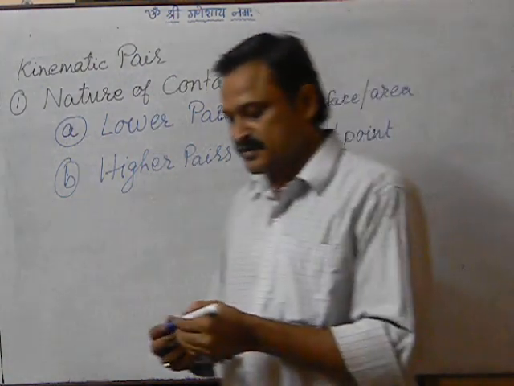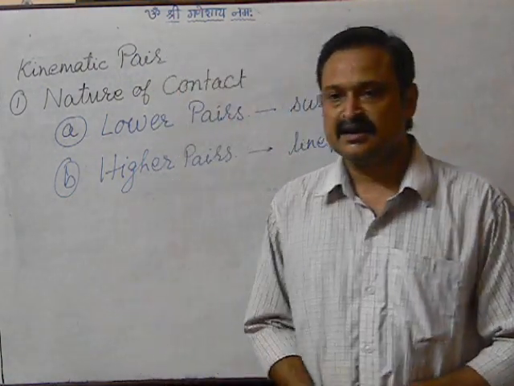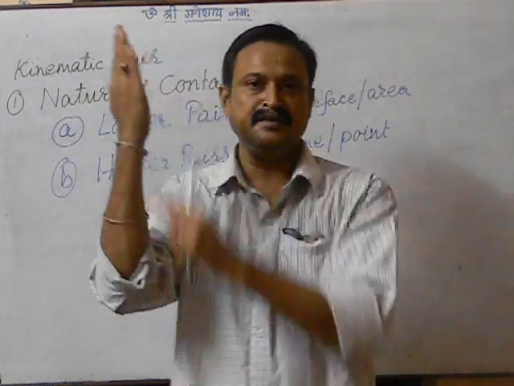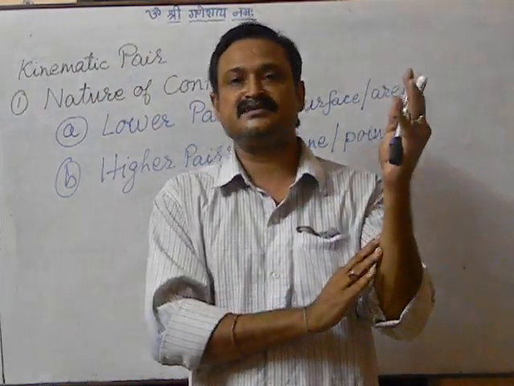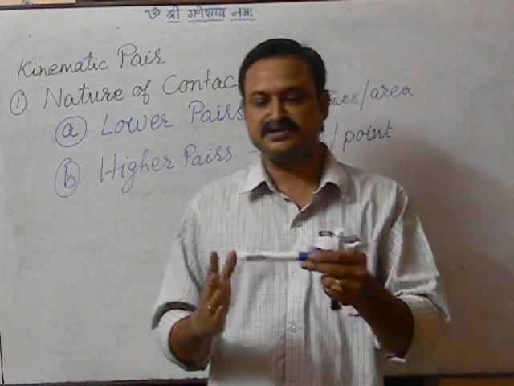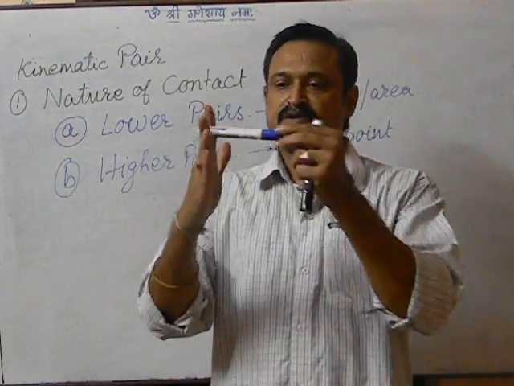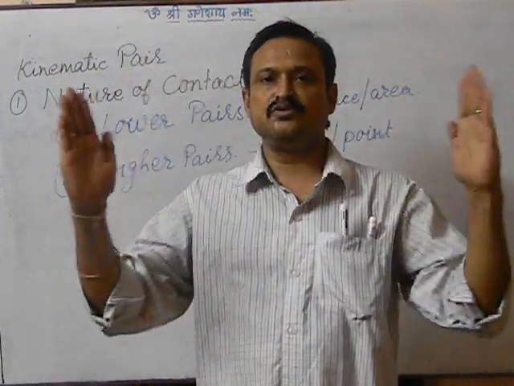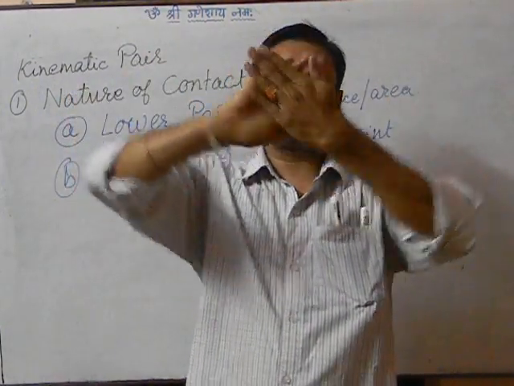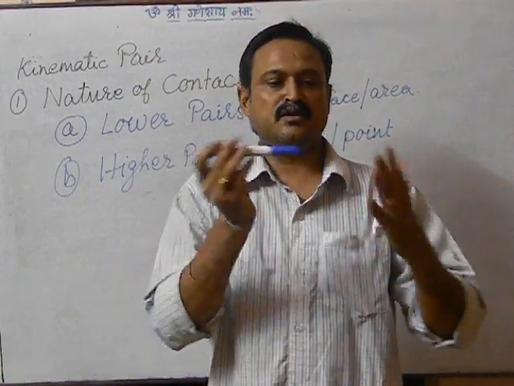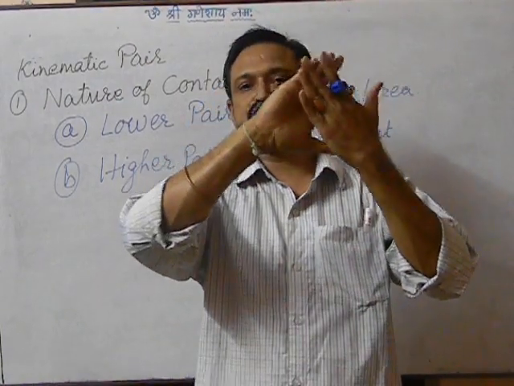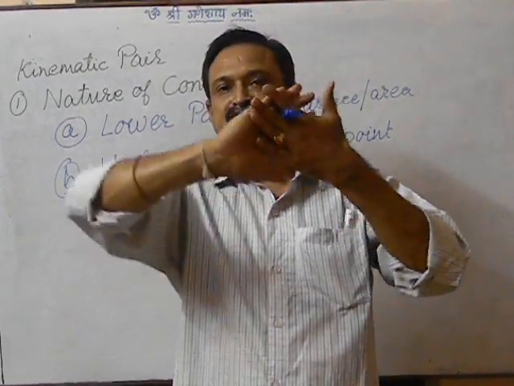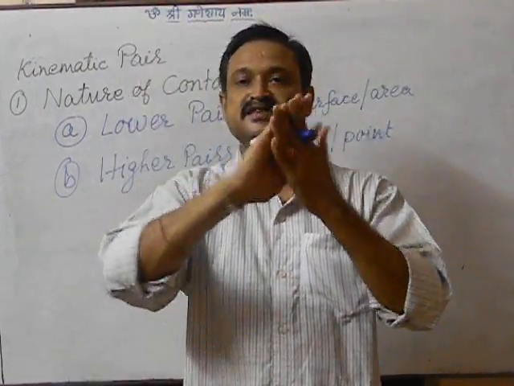For this, if we quote an example, let us say this is link number 1 and my other hand is link number 2. I am forming a pin joint, so I have to form a pair between these two links. I bring these two links together and place a pin. The contact between these two members is a surface contact.